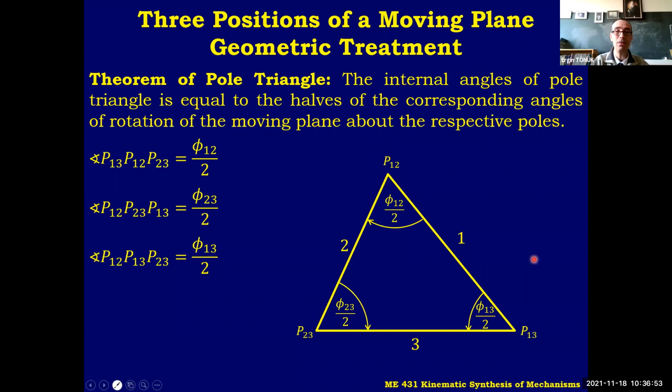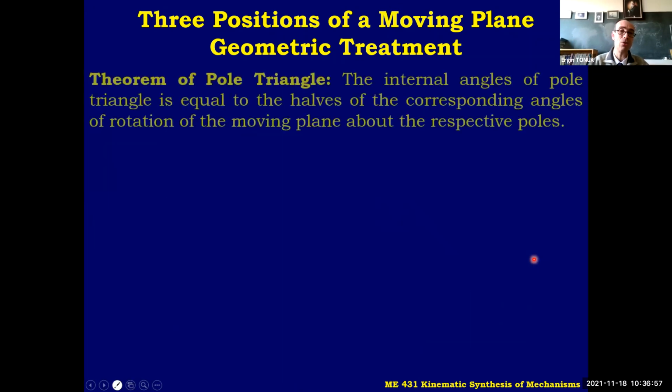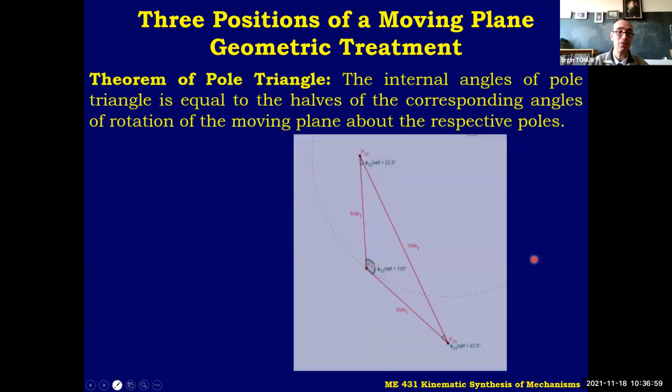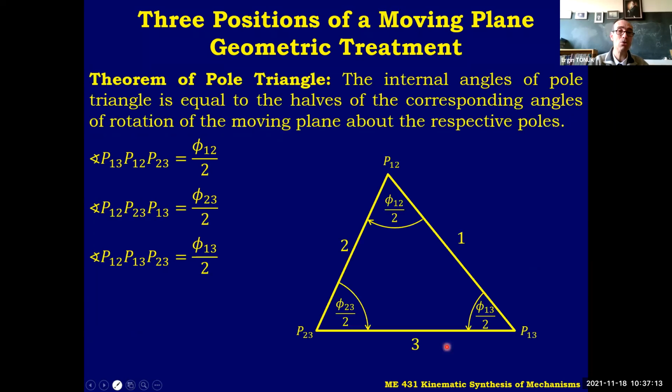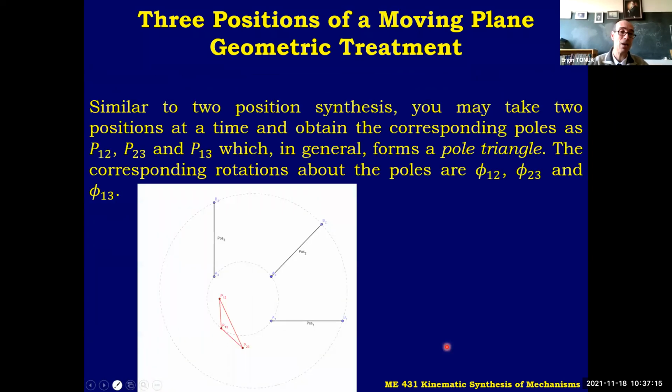So, if we draw it for our previous figure, and if we zoom to the pole triangle in GeoGebra, this is what we see. Okay, these are the angles for the previous motion we had, which was this one, and that was the pole triangle.